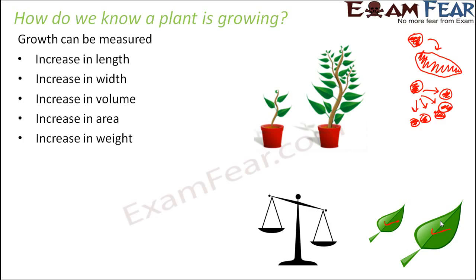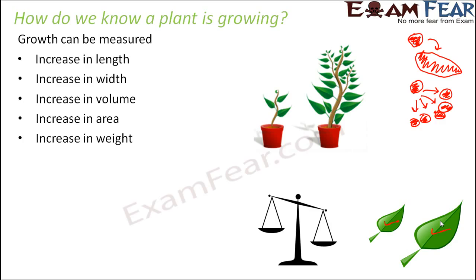So if you directly take a plant part and weigh it, you are actually weighing the fresh weight of the tissue present in the plant. But another way of weighing it is, you remove all the water from the plant, you dehydrate it completely, and then you measure its dry weight. By looking at the dry weight also you can say whether the plant is growing or not, because if the plant is growing, the weight should also increase. So if there is an increase in weight, then we can say that yes, the plant is growing.